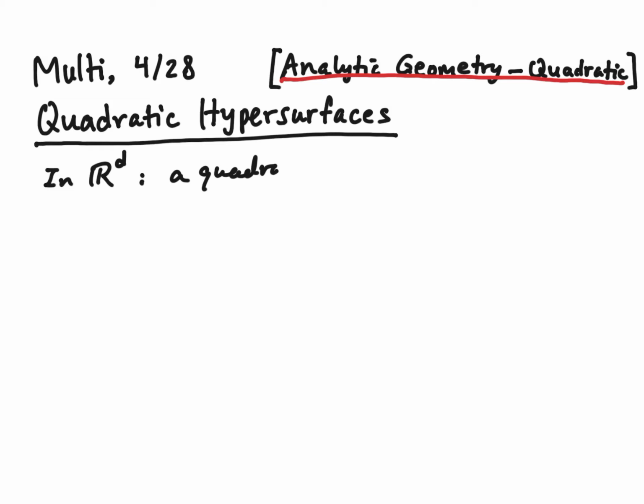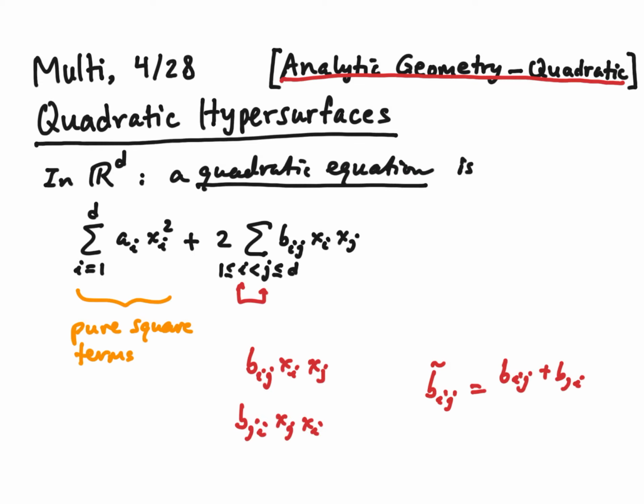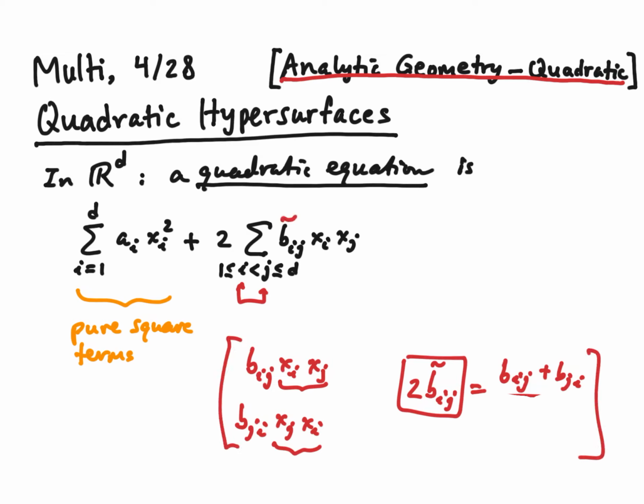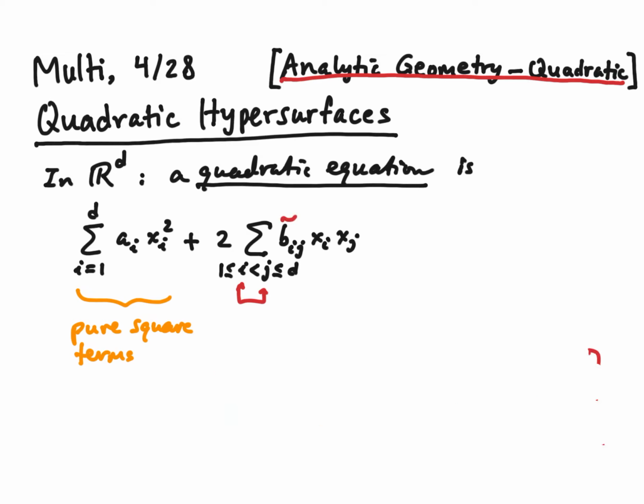And by replacing the b_ij's with, let's call it b_ij tilde, which is the average of b_ij and b_ji, then we can put the 2 on this side and basically combine those terms, because these products are the same. So basically those are like terms, and you can combine them. So then you can just rewrite that term with this coefficient. But it's just that the tilde is being erased to hide the evidence of this process. So that's where that 2 comes from.